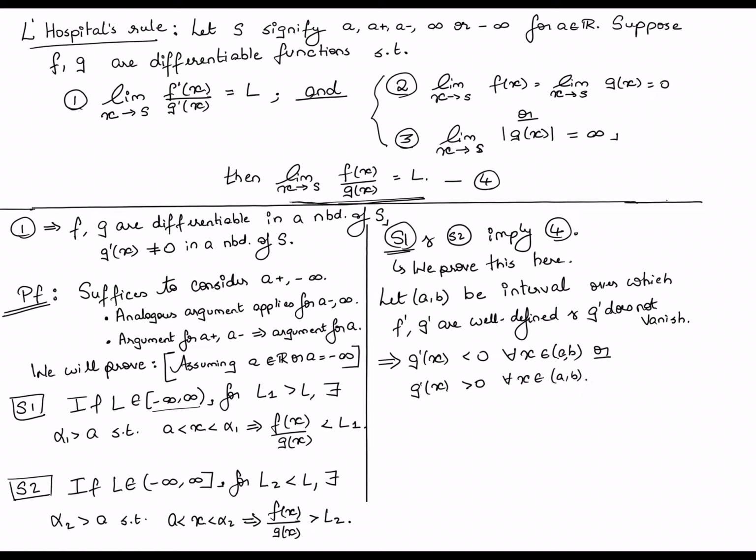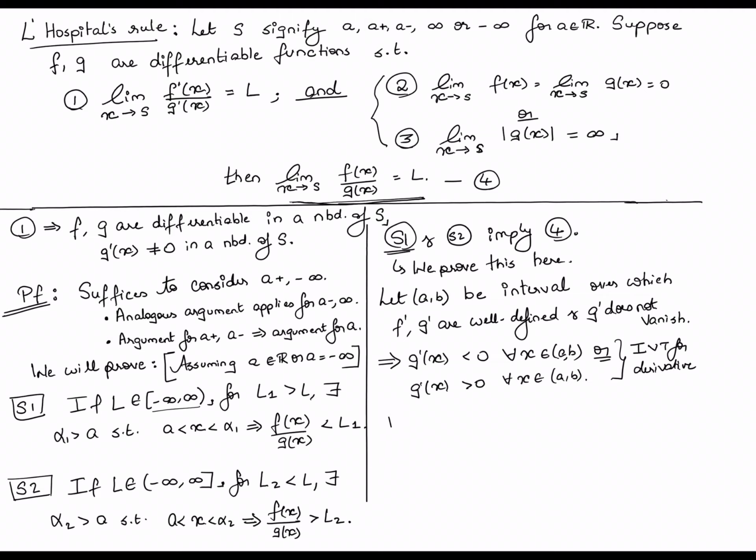And why is this? This is because of the intermediate value theorem for the derivative. Right? We know that in spite of the fact that the derivative of a function need not be continuous, derivatives satisfy the intermediate value property. So the fact that the derivative never takes the value 0 implies that the derivative must either always be positive or always be negative over the interval a to b.